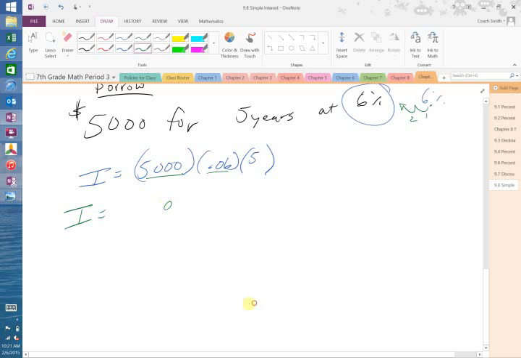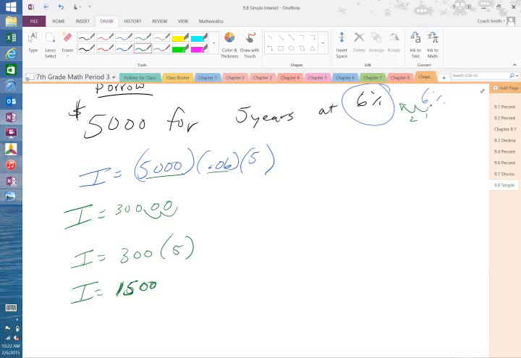That would be 0, 0, 0, 30, and I have 2 decimal places, so 300, times 5, which is $1,500. So I'm going to pay $1,500 back to the person I borrowed the money from, plus the $5,000.